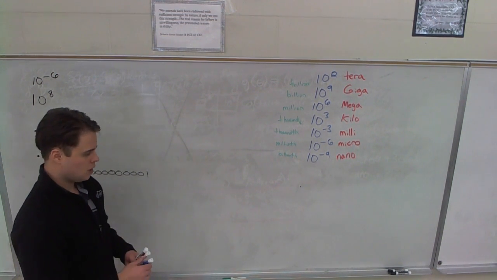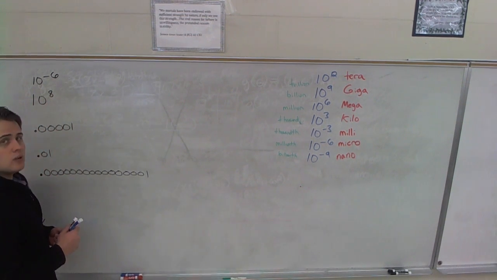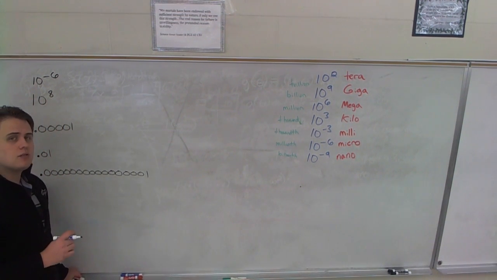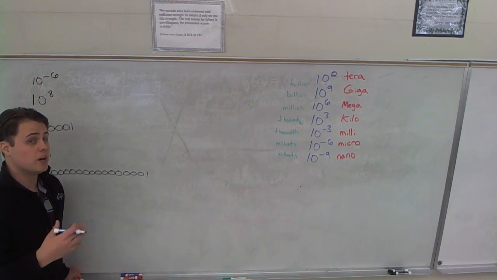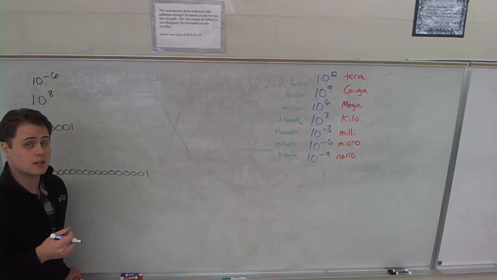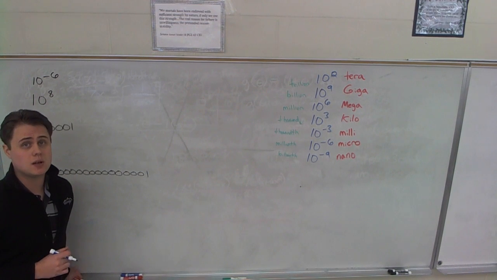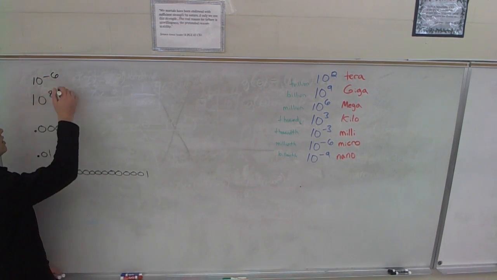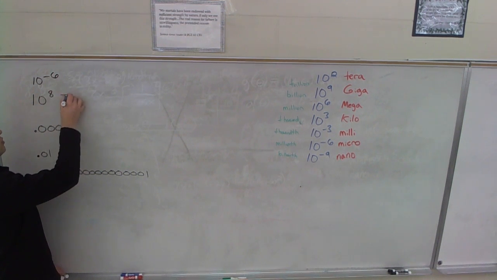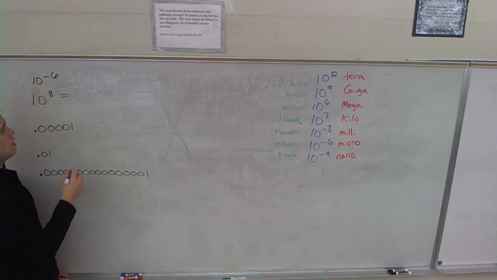Okay? So if you investigated that, you should find out that if there's a positive exponent, you have the same number of zeros. A better way to think about it, as we'll see in a second, is the same number of places as the exponent. So if I've just got 10 to the positive 8, that means I have 8 zeros.